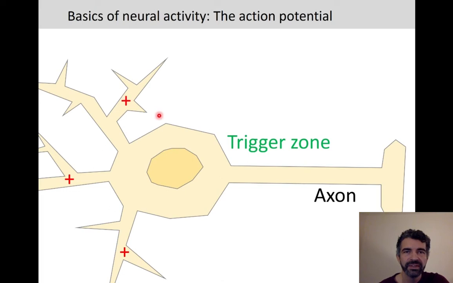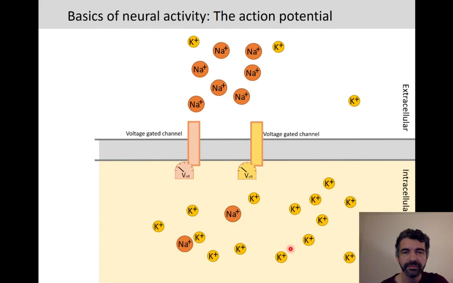So in order to understand the action potential, we will zoom into the trigger zone. This is the zone near where an axon starts from the soma. And we will see what happens if 3 such graded potentials arrive at the trigger zone.